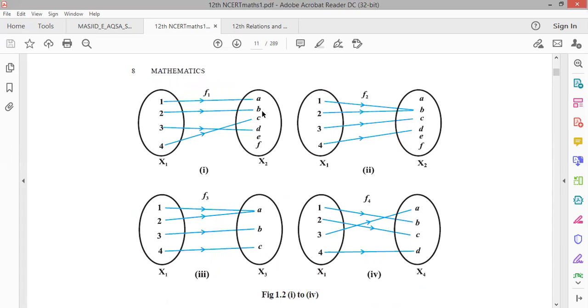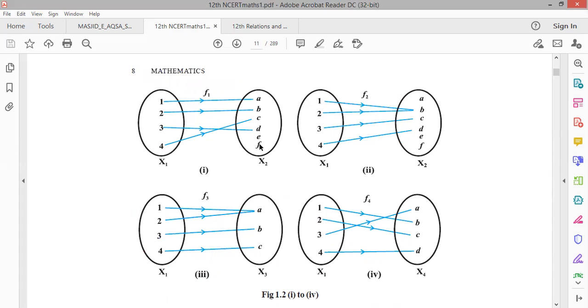In the codomain we have a, b, c, d, e, and f. Here the mapping is such that 1 is mapped to a, 2 is mapped to b, 3 is mapped to d, and 4 is mapped to c. You see that f is not mapped to any of the elements. F, the element of codomain, is not an element of the range.